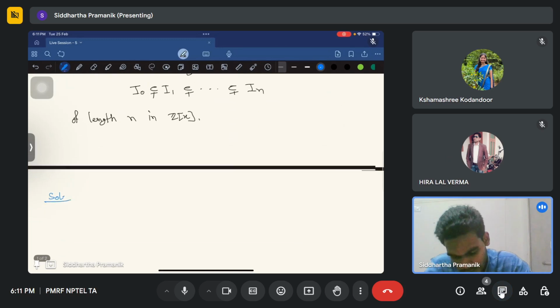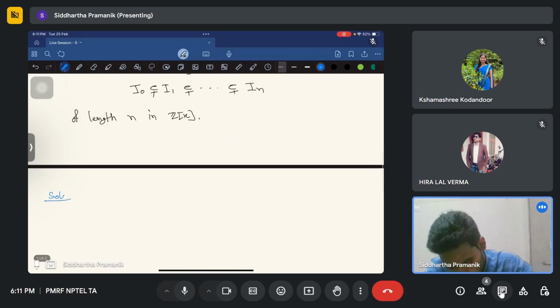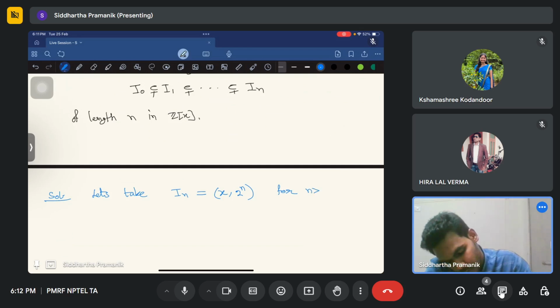Okay, so we are in Z[x], right? So let's take In as the ideal generated by x and 2 to the power n, for all n greater than 0.